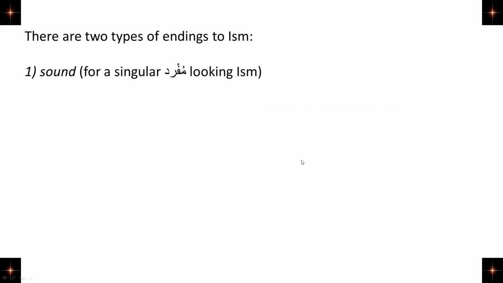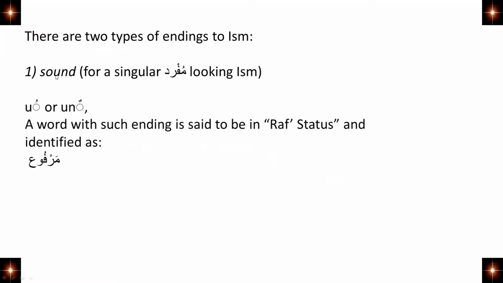The ending sounds. Okay, so there are two types of ending to an ism. The first one is the ending sound, and it's for the singular looking ism, or the mufrad, or the isms that are singular, or they look more like singular. How can an ism look like a singular but it's not singular? That's the question, right? Because there is a reason for this.